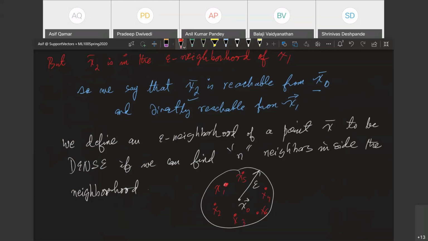You can clearly see that this looks X7. Suppose I have N equal to 5. I'll take some number, 5. So are there 5 points in this neighborhood? The number of points in the epsilon neighborhood of X0 are, how many points do we have? We have 7 points, isn't it?